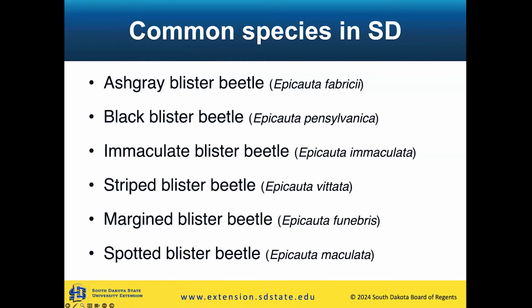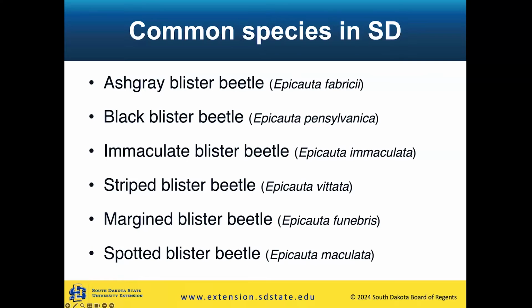So I wanted to talk about the common species that we have here in South Dakota, which ones you can see to help with identification when you're out in the field. The common species we have are listed in order from most common to least common. The ash gray, we see these every year.